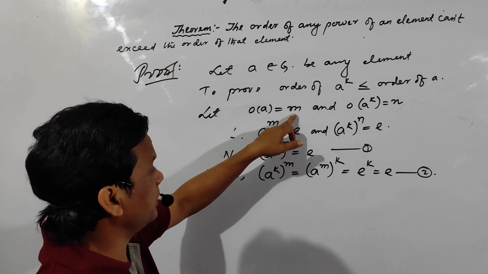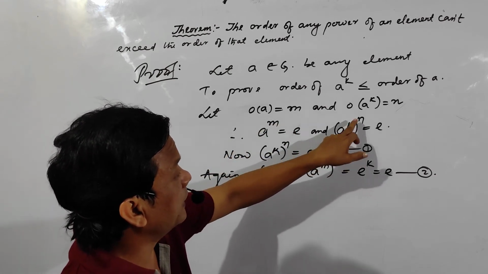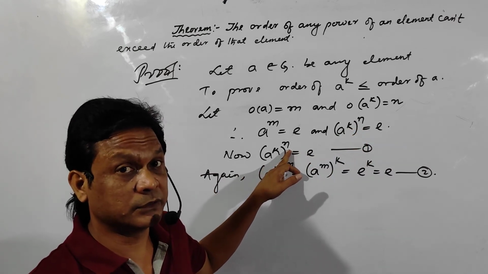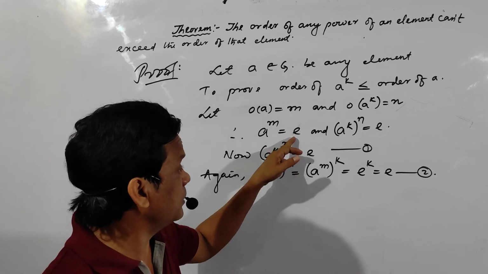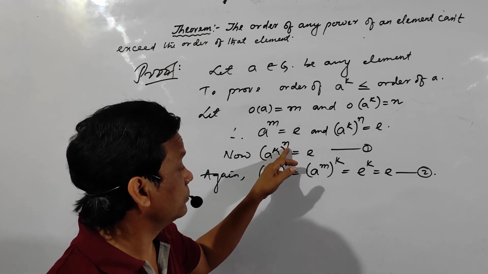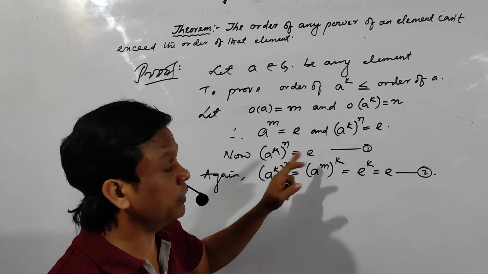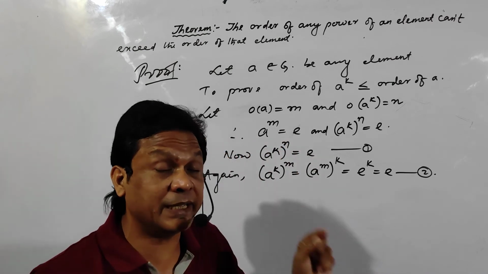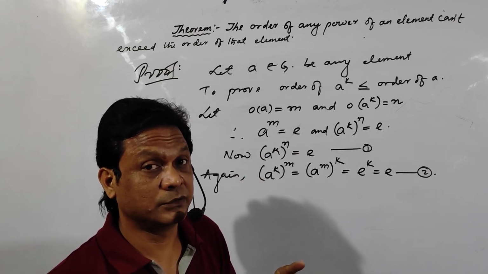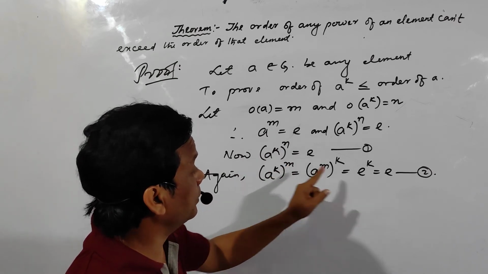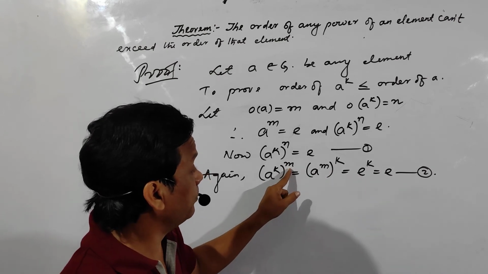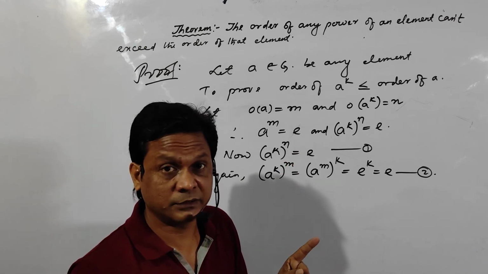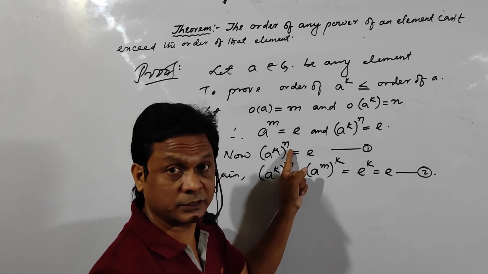But n is the least positive integer. And see here, n is the least positive integer such that (a to the power k) to the power n is equal to e. That means m cannot be less than n, because n is the least positive integer.